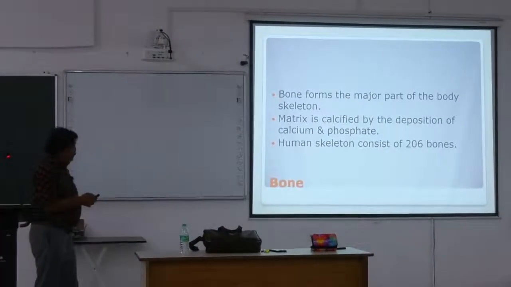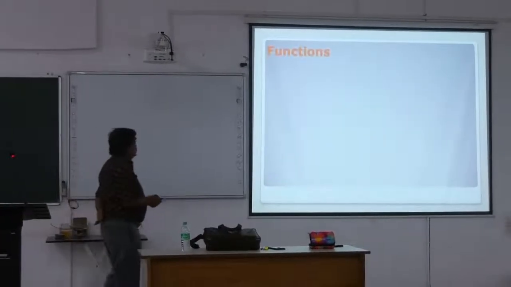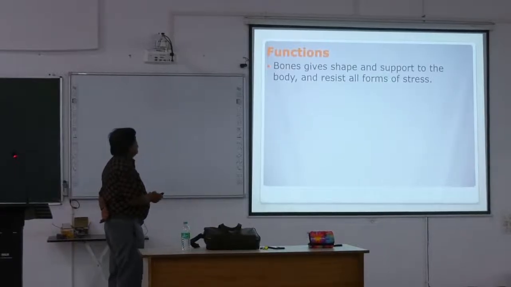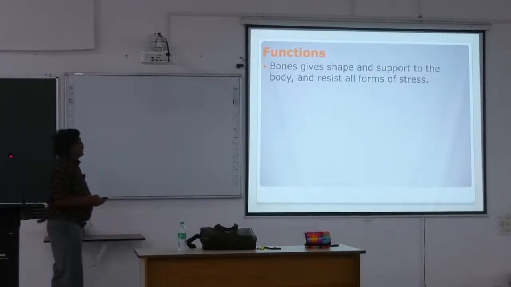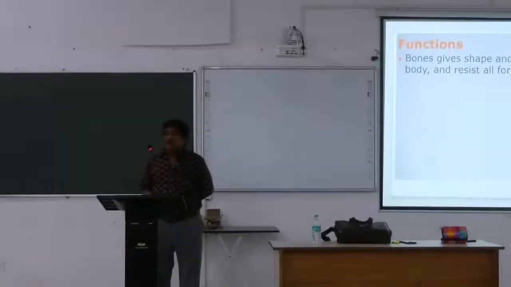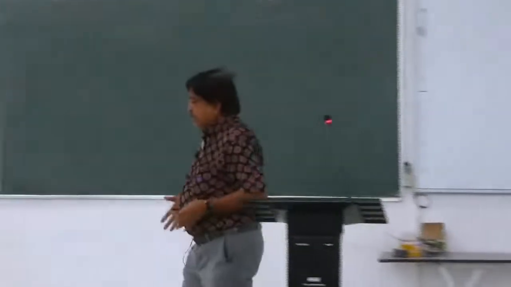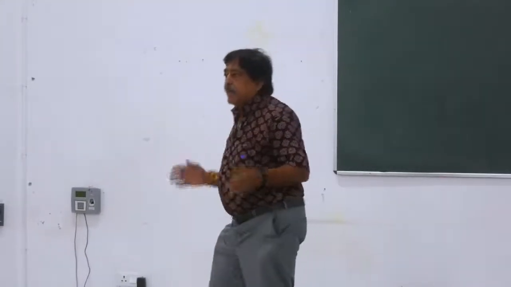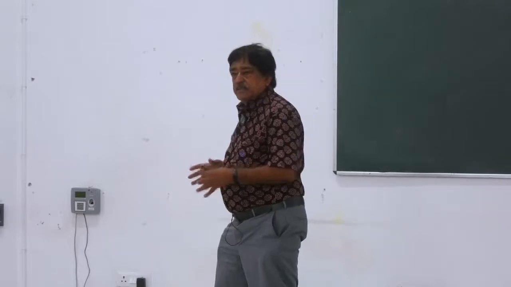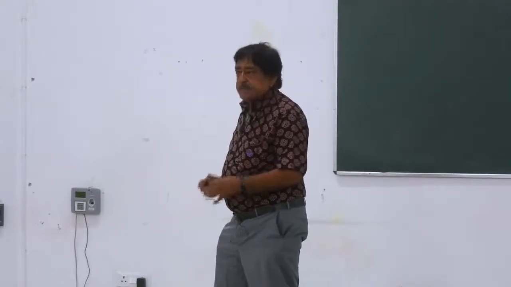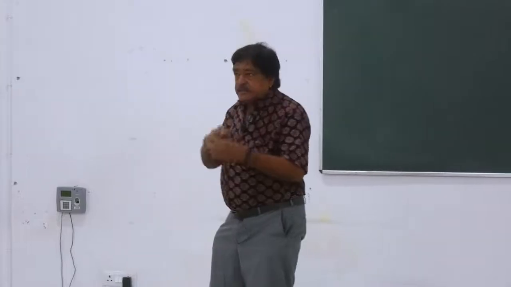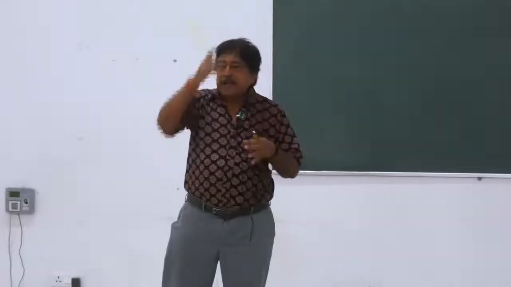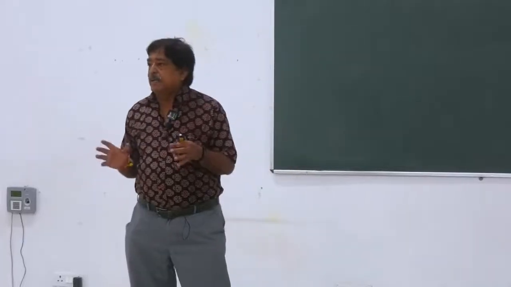The human skeleton consists of 206 bones. Bones give shape and support to the body and resist all forms of stress. Now I am walking, suddenly I skid or slip, and accordingly the bony skeleton and the muscles work in synchrony, with the nervous system, the brain, everything working together.